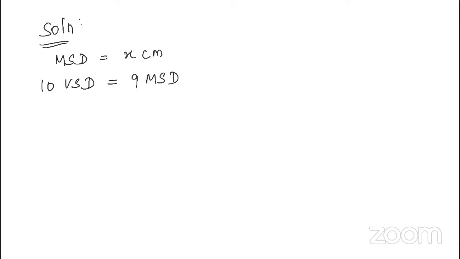So here we have to write the formula: N VSD is equal to n minus 1 into MSD. From this formula we want the VSD value, that is VSD is equal to n minus 1 divided by n into MSD.